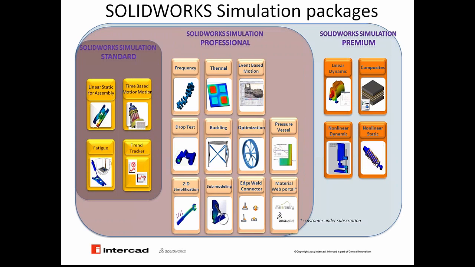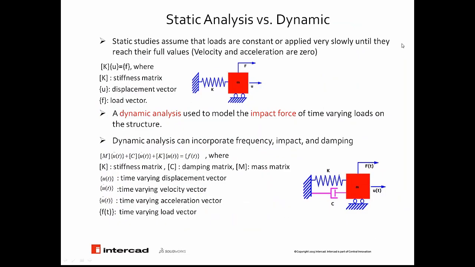The main focus where we are going to use the capabilities is SolidWorks Simulation Premium, specifically linear dynamic studies. So the earthquake analysis today is a linear dynamic analysis, and it is within the SolidWorks Simulation Premium package.